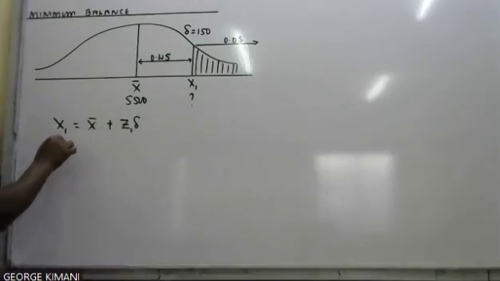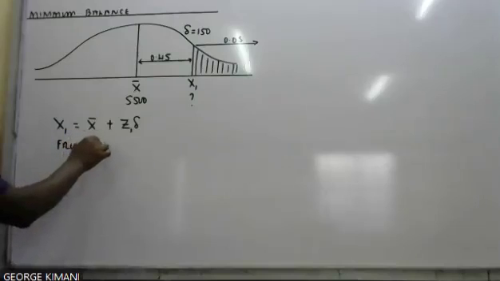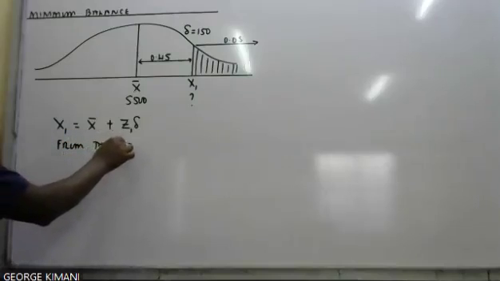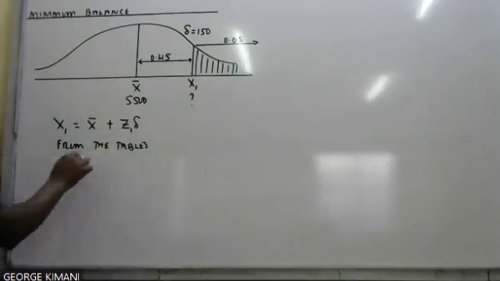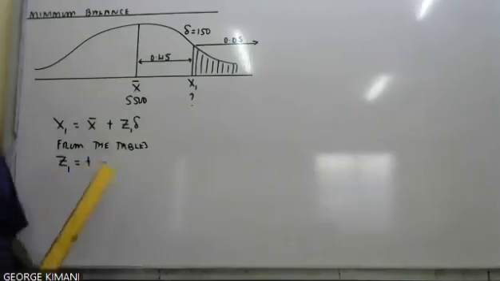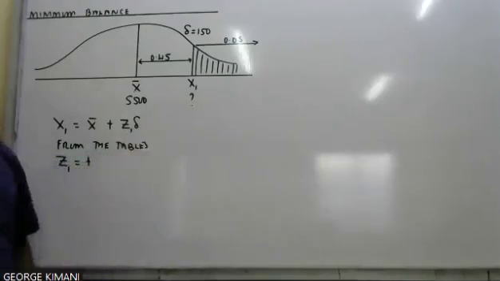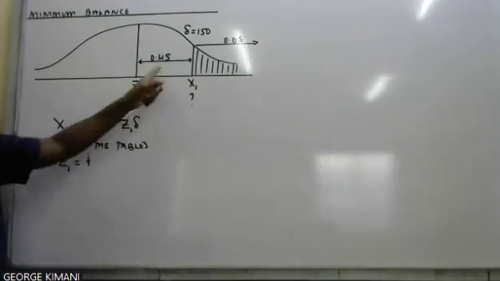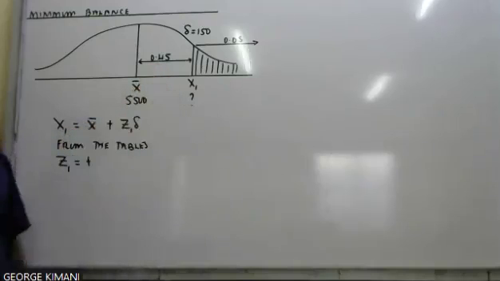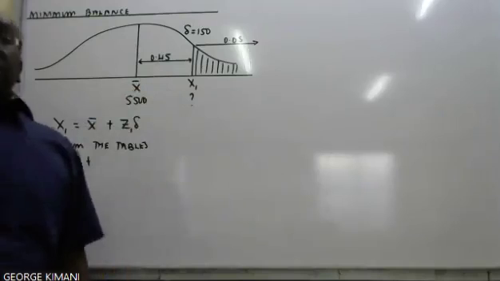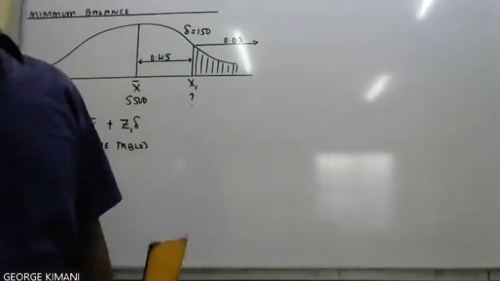So from the tables, Z1 should be positive. I told you that as long as we have the other on the higher side, Z will be positive. So tell me from the tables, 0.45.